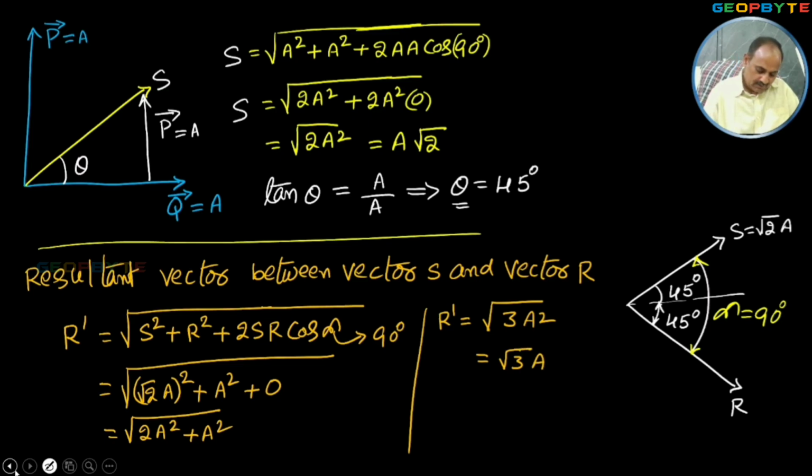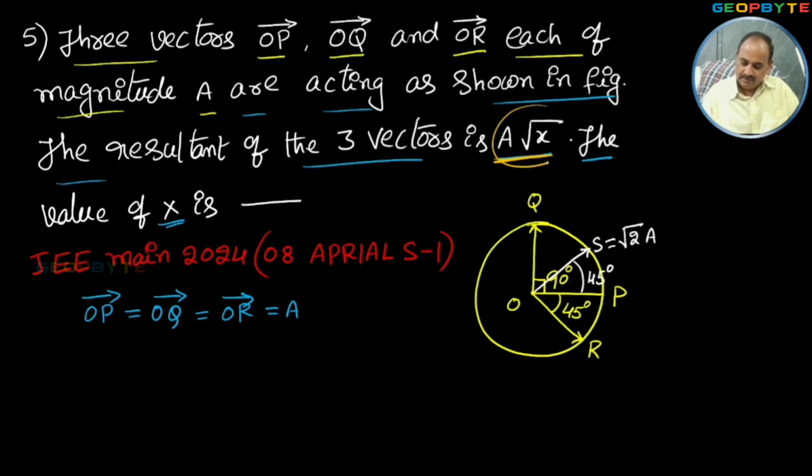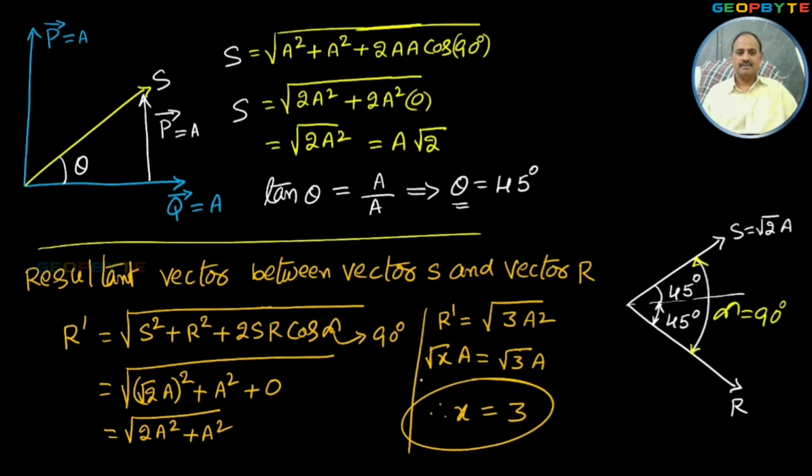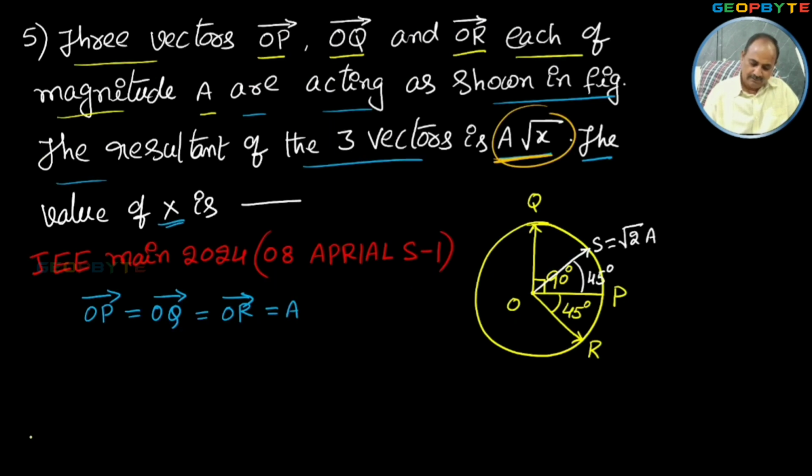But what is the resultant vector between the two vectors? Root x A. So root x A is equal to root 3A. Therefore, the x value equals 3. That is the answer for this particular question. Answer is 3. I hope all of you clearly understood.